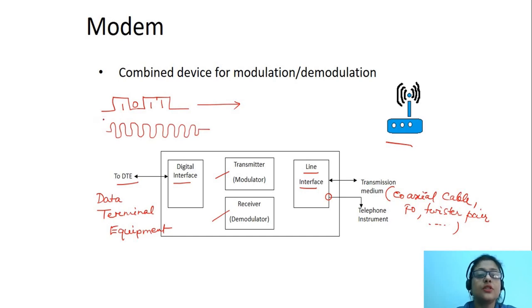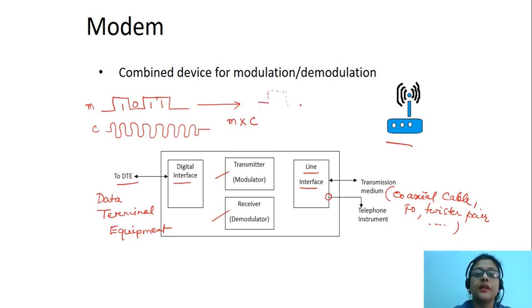Now when these two are multiplied, this original signal, let's say it is the message, and this is the carrier signal, you need to multiply message and carrier. And at the output of the modulator, what will you get?